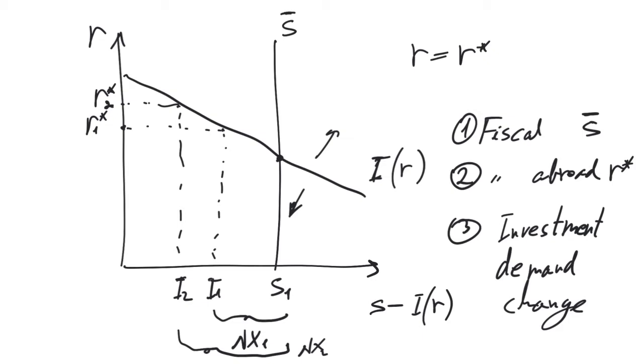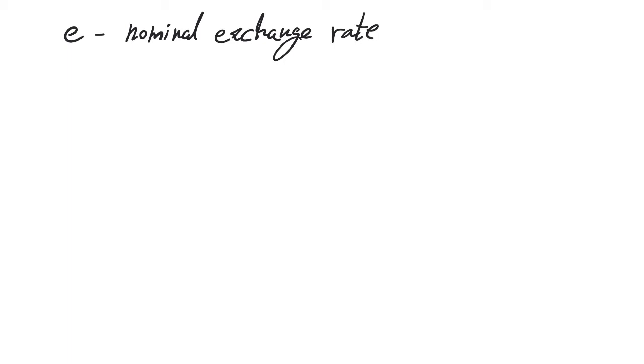But first we need to define the exchange rate, and so the nominal exchange rate is going to be E, and the real exchange rate is going to be epsilon.